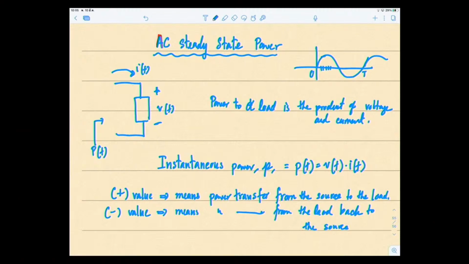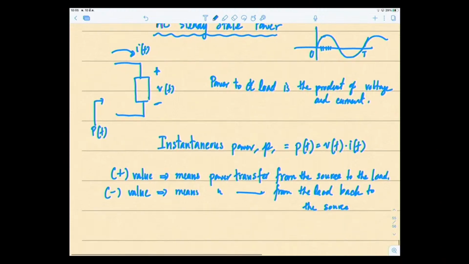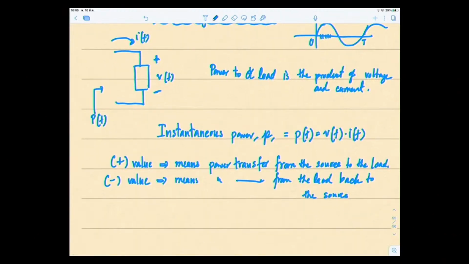Of course, this is instantaneous power at a particular time t, and we can't always work with that.